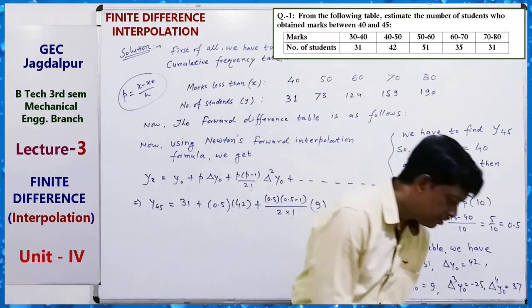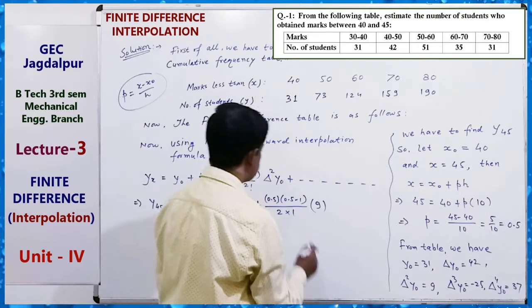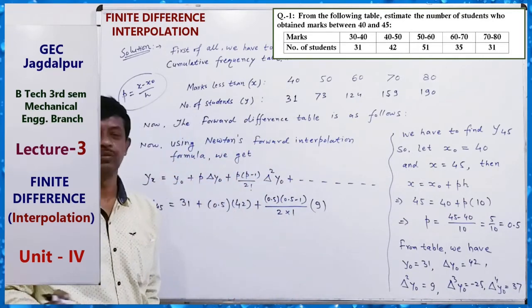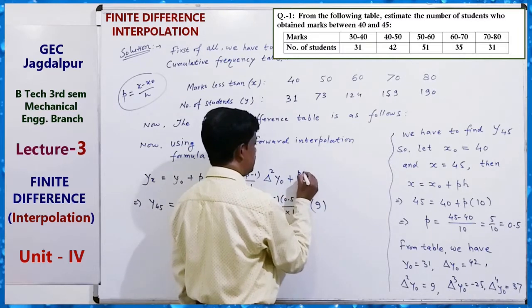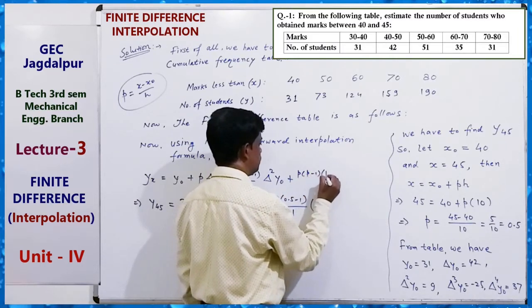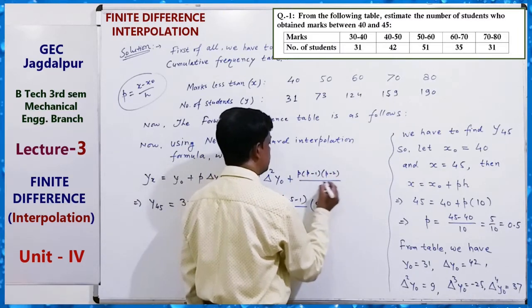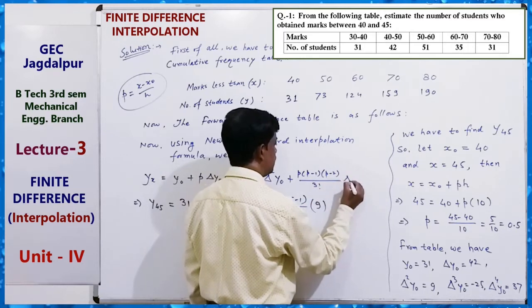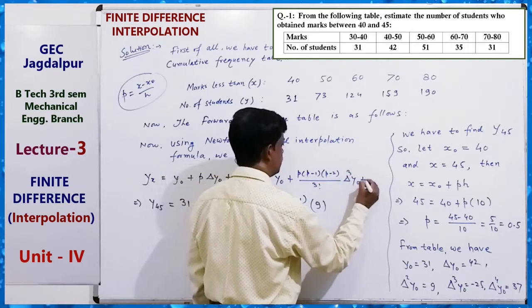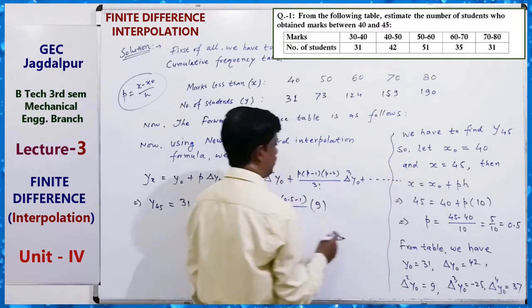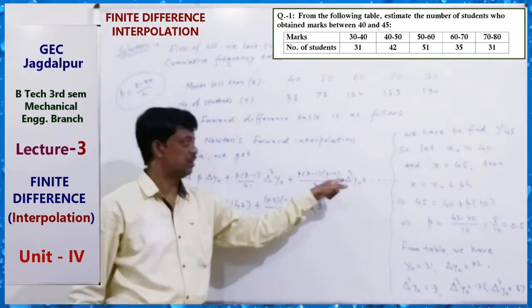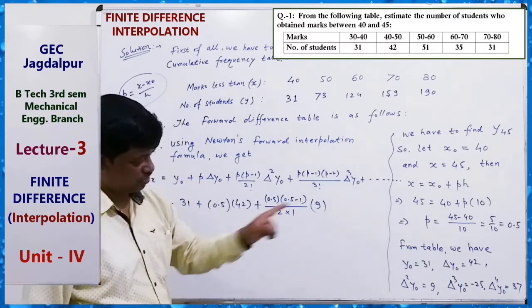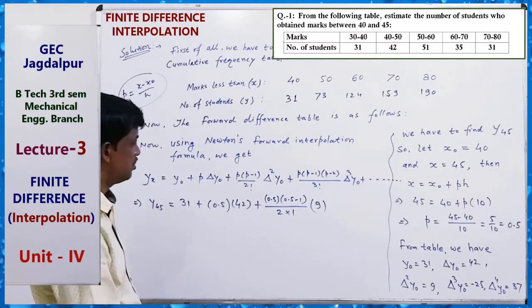Okay, so just write the total formula here: p minus 1, p minus 2 upon 3 factorial del cube y0, and the other portion is also p minus 1, p minus 2, p minus 3 upon 4 factorial del 4 y0, with 4 differences. Up to 4 differences we have to take.